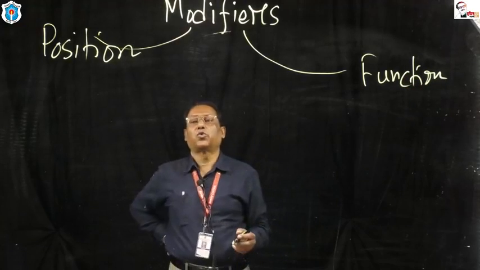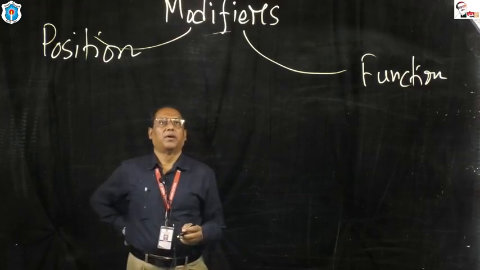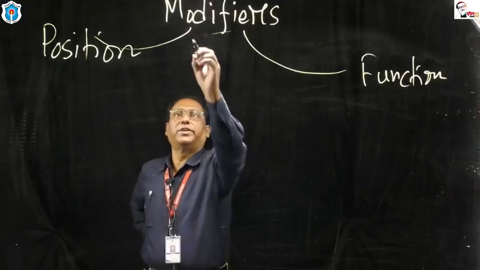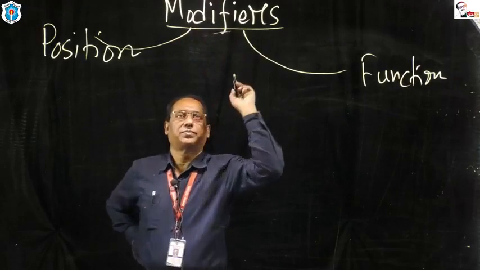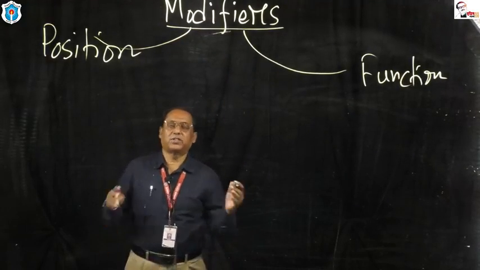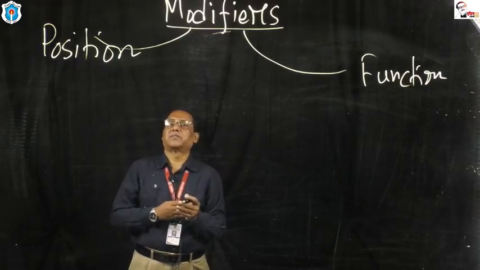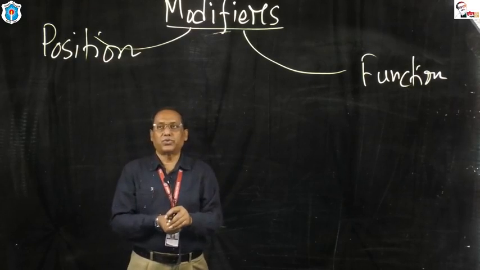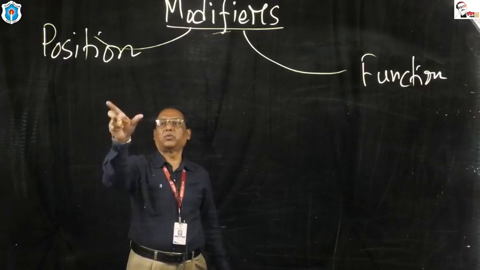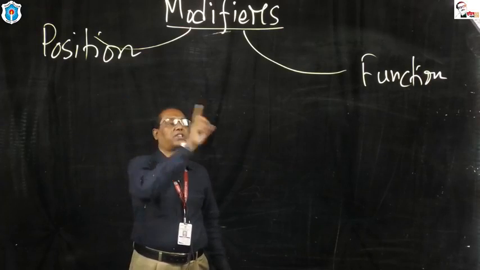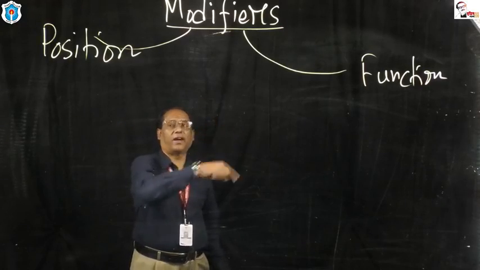Today I want to show you the classification of modifiers from different perspectives. First, we can classify modifiers on two grounds. First, according to position, and secondly, according to function.